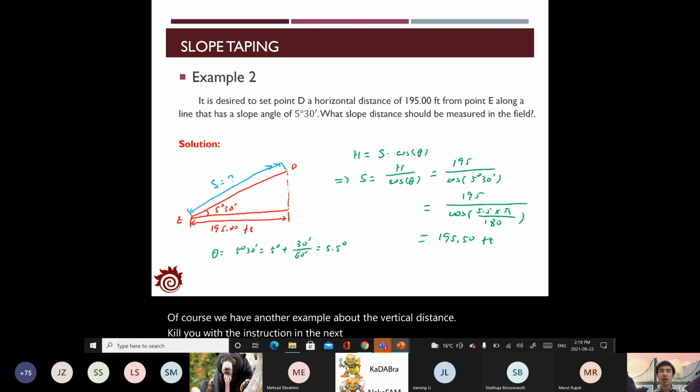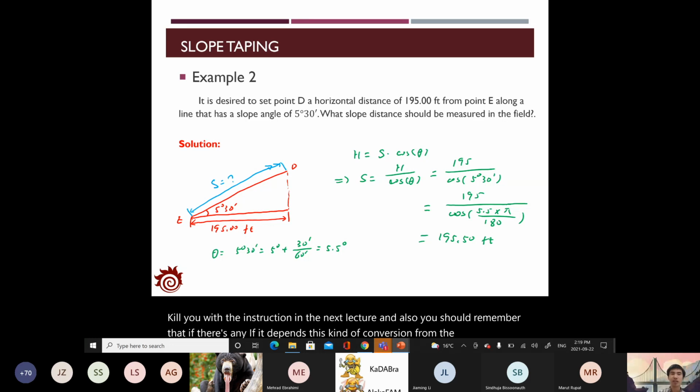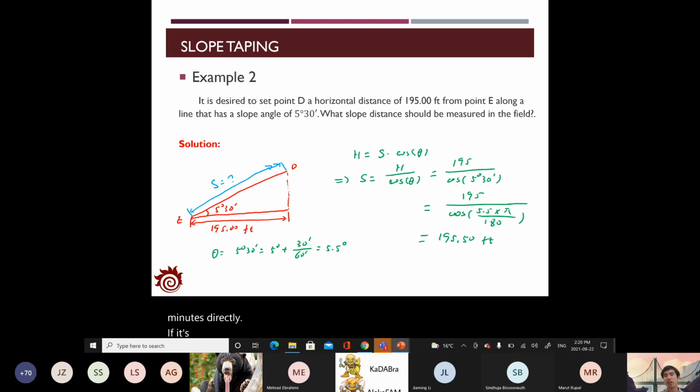Also, remember that this conversion from angle to radians depends on the mode of the calculator you are using. If your calculator is advanced, you can just type the angle with degrees and minutes directly. If not, like if you are using Excel, you have to pay attention to the values. You need to convert the angle to radians.